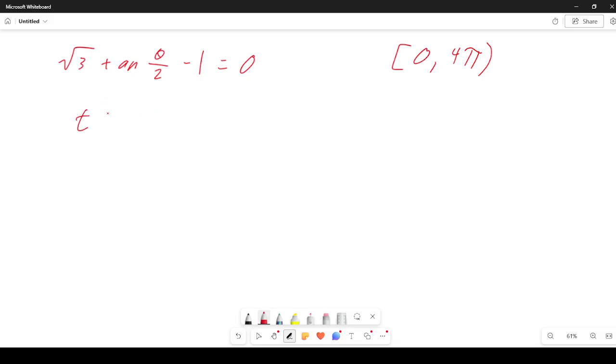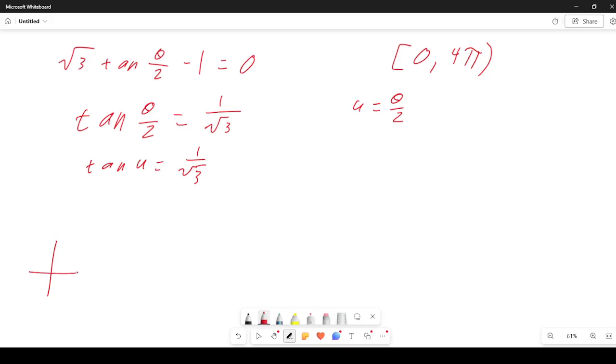All right, so tan theta over 2 equals 1 over root 3. I'll make the u sub here. Tan of u is 1 over root 3. So if we solve that, there's 2 solutions to this. I like to do this as dividing both by 2, so I can think of it as sine over cosine.